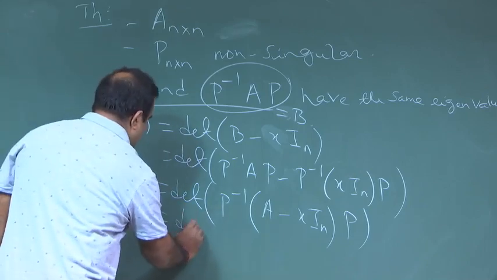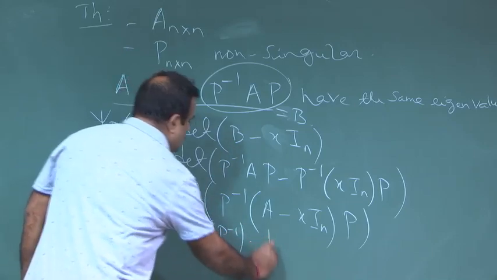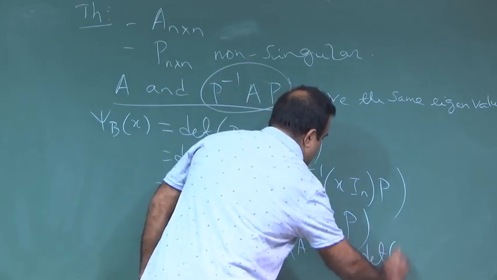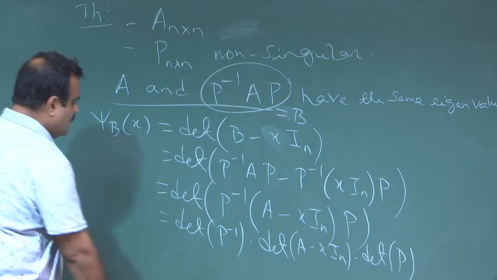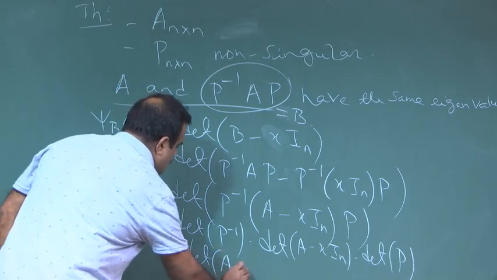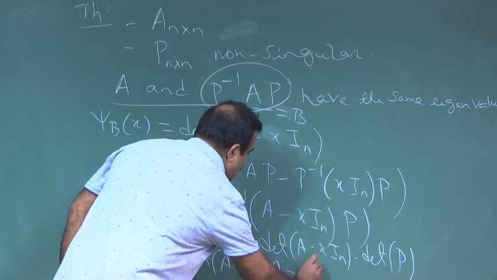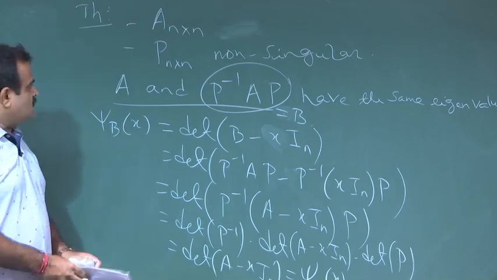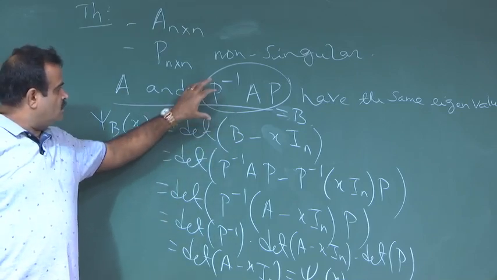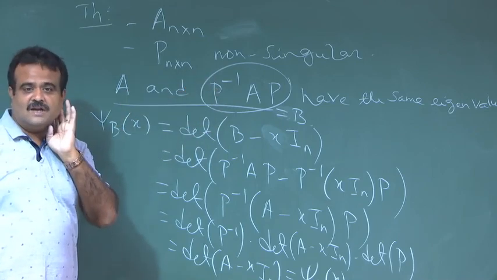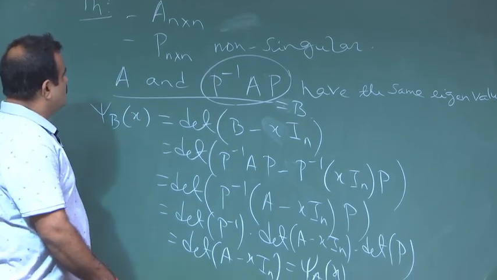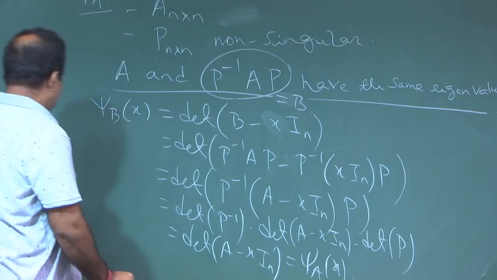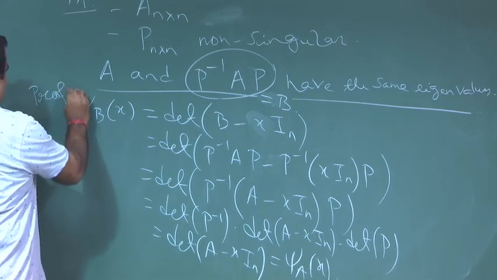If we apply that, it will give us the determinant of P inverse into det of this into det of P. So, this and this will give us 1, and this is nothing but det of A minus x I_n, which is the characteristic polynomial of A. So, the characteristic polynomials of these two are the same. That means these two have the same eigenvalues. So, this is the proof of this theorem.